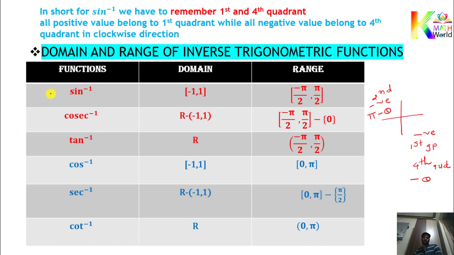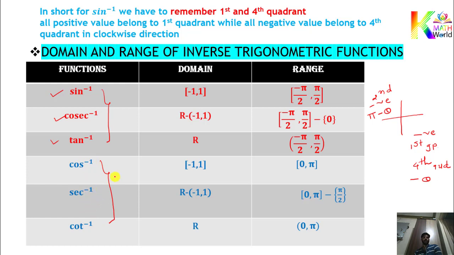For this you just need to remember sine and tan, and the reciprocal function, that is cosec, is included. So for the first group, remember sine and tan, and its reciprocal will be included in that one. In the same way, remember cos and cot, and the reciprocal function, that is sec, is easily included.